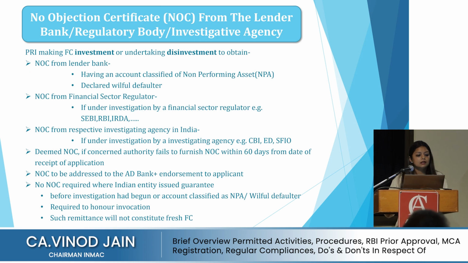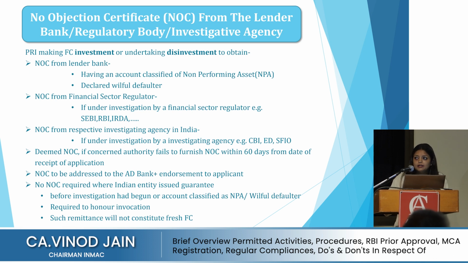They will need an NOC from the lender bank if they have been classified as NPA or willful defaulter. They will need the NOC from the financial sector regulator if they are undergoing any investigation by a financial sector regulator. And they will need an NOC from the respective investigating agency if there has been an investigation against them initiated by CBI, ED or SFIO.